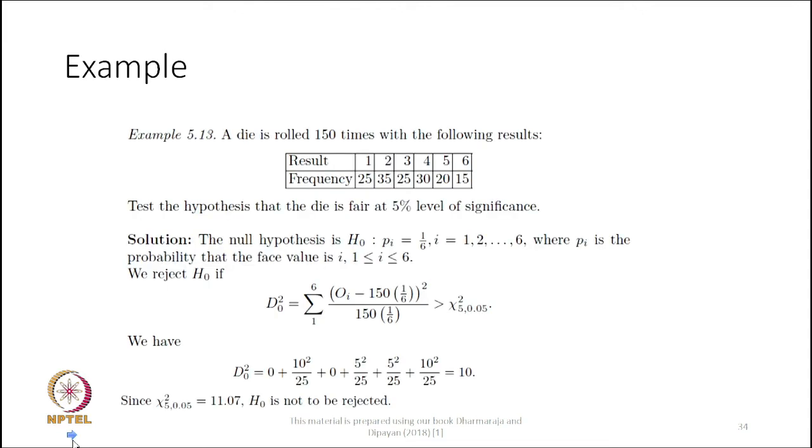We will have one more example. A die is rolled 150 times with the following results. The question is: test the hypothesis that the die is fair at 5% level of significance.